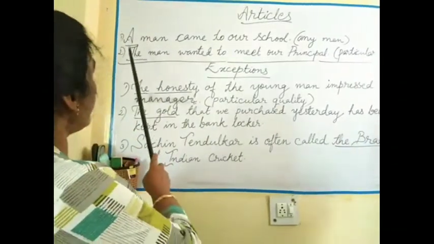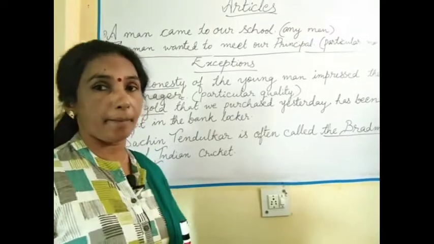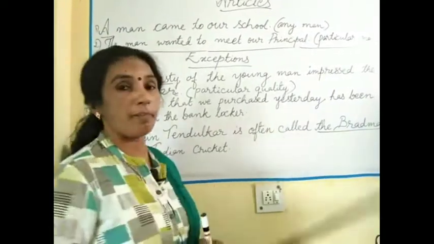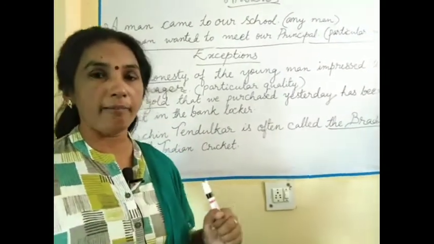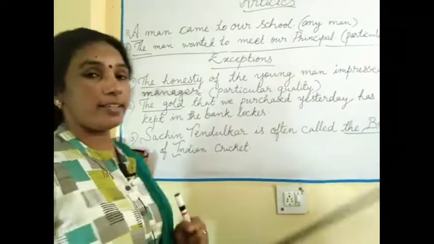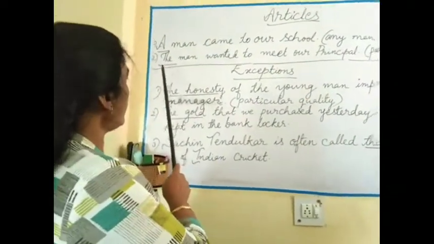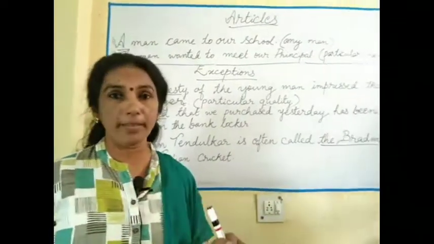Here we have used "a" before man because this can be any man. In the second sentence, the man wanted to meet our principal. Here we know that we were talking about the same man which we mentioned in the first sentence. That's why we have used the definite article "the" before man, meaning a particular person.